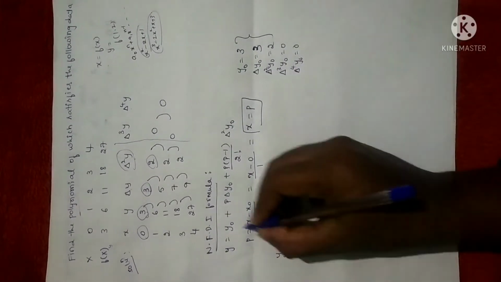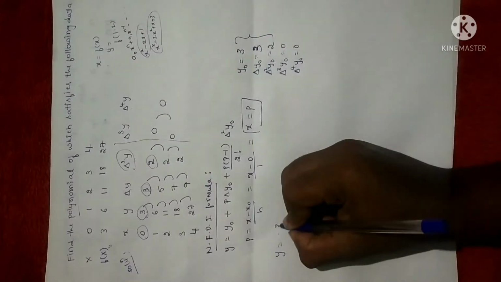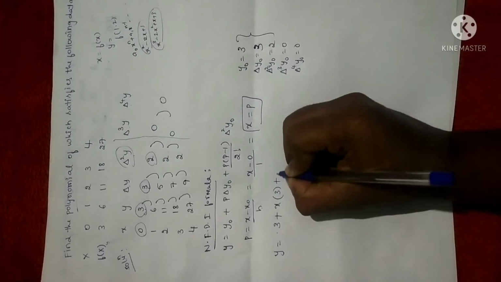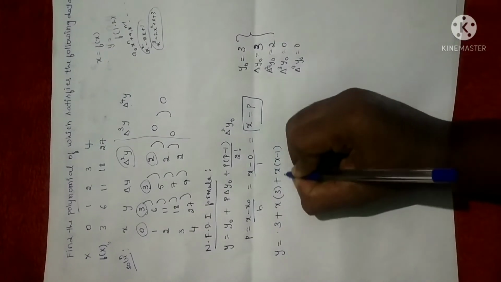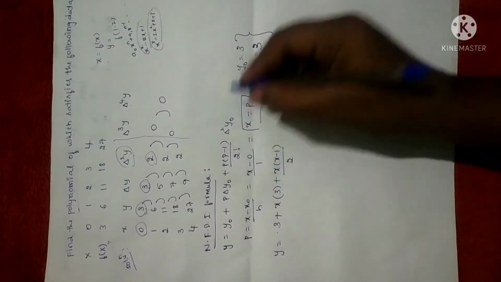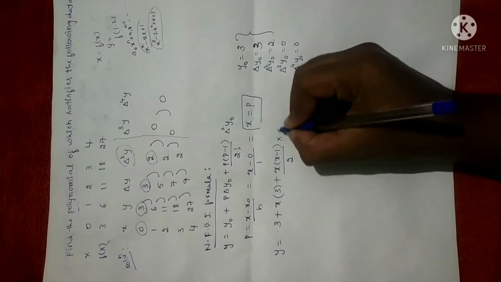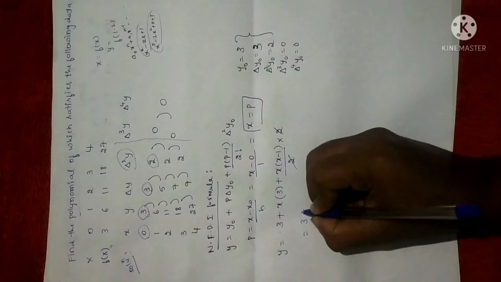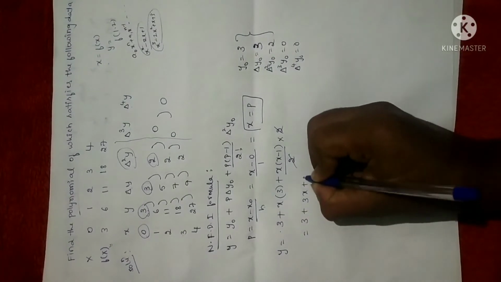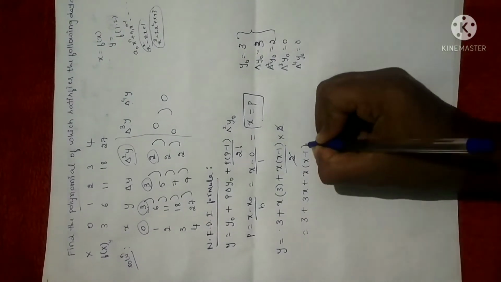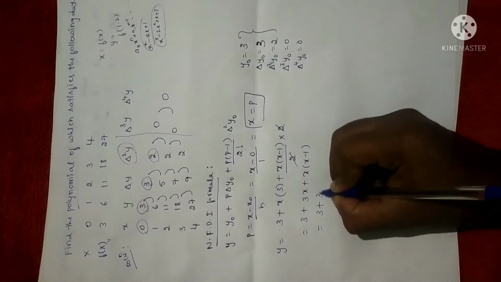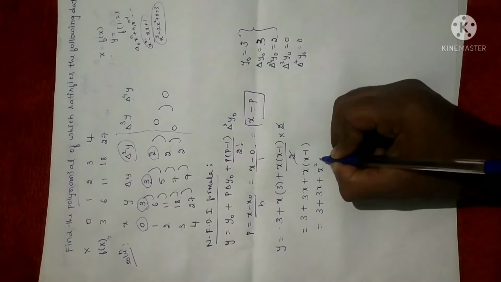So you will get y is equal to y naught, which is 3, plus p, which is x, into delta y naught, which is 3, plus x into x minus 1 divided by 2 factorial, which is 2, times delta square y naught, which is 2. The 2 with 2 get cancelled. You will get 3 plus 3x plus x into x minus 1. Now let me simplify this term. You will get 3 plus 3x plus, when you multiply, x square minus x.